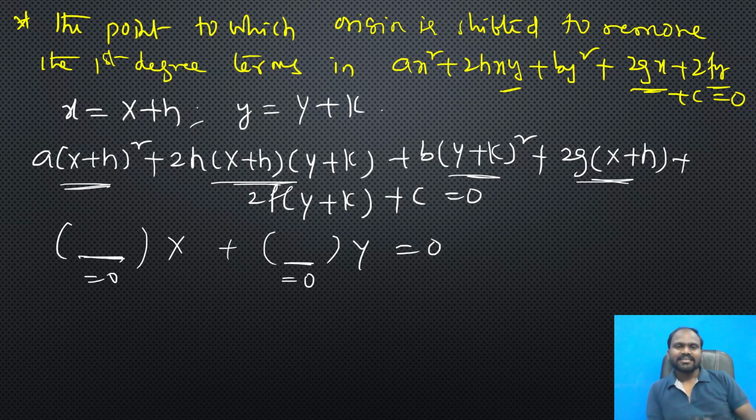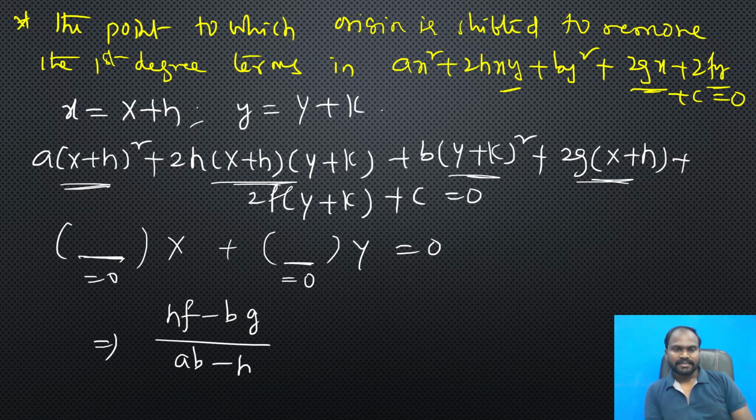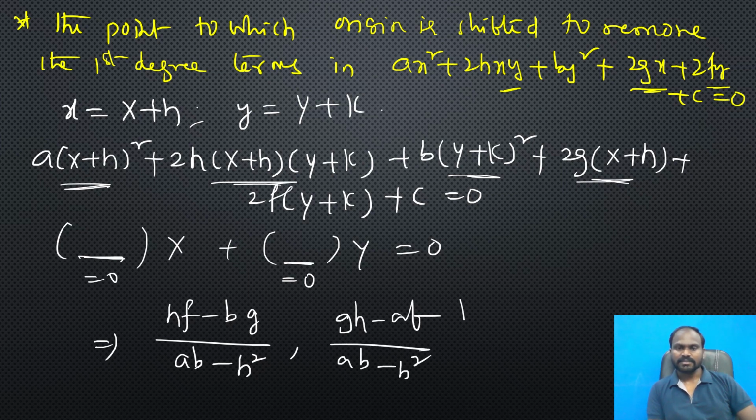Okay, so if we equate that and solve, you are going to get one simple equation, that is hf minus bg by ab minus h square, comma gh minus af by ab minus h square.